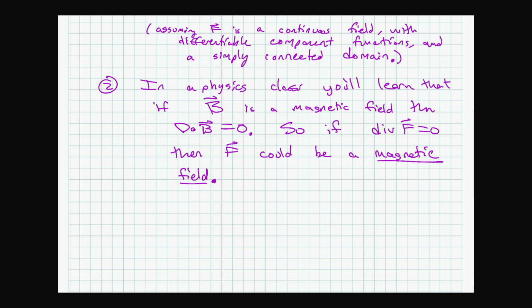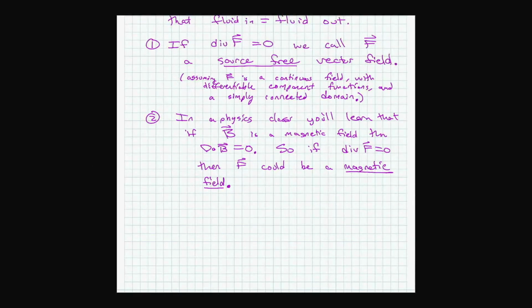Okay. And so those are just vocabulary words, because you might do the homework problems and a problem might say, is this a magnetic field or not? And you have to understand that they just want you to find the divergence and see if it's zero or not.